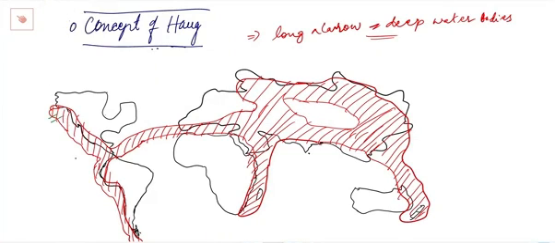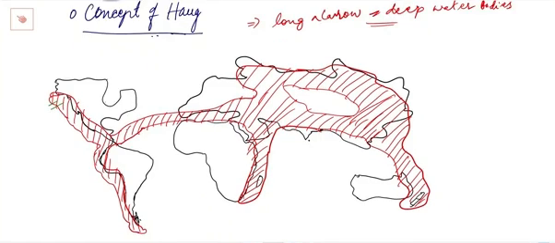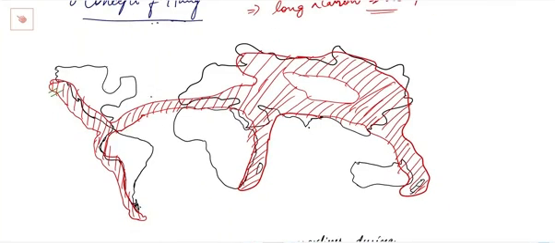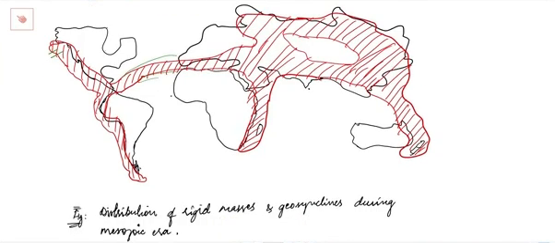This is the area where there are fold mountains or where the geosynclines are found. So actually the distribution of rigid masses and geosynclines. If we consider these are the rigid masses, this is what the geosyncline is. So this is what he said.